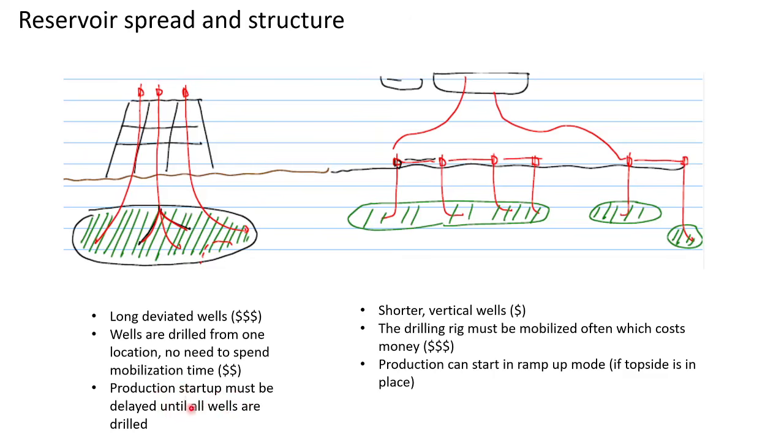But one disadvantage with this approach is that the startup must be delayed until all wells are drilled, because you don't want to be producing and drilling at the same time. It could cause an accident when I'm moving all the drilling equipment, the BOP, the tubulars.